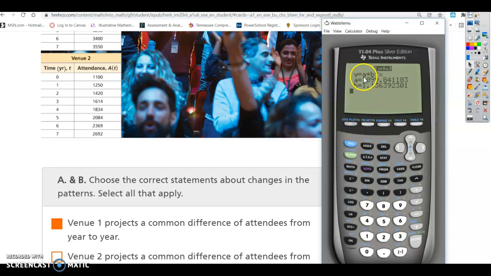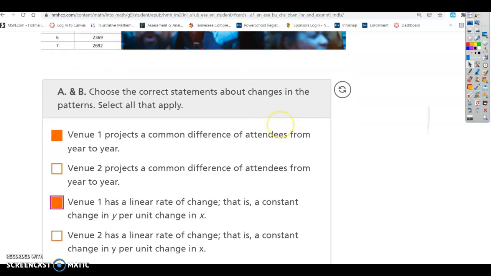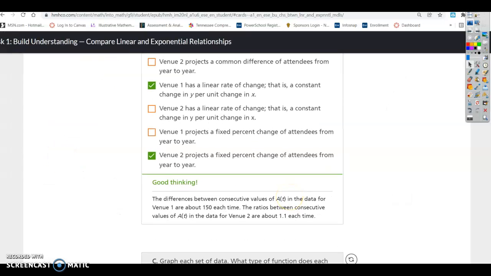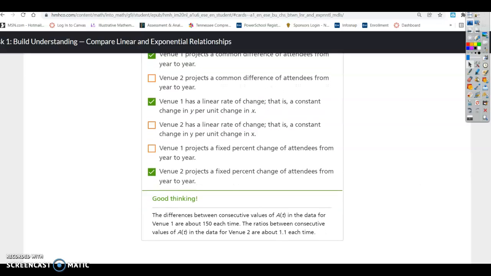So remember, a times b to the x power is your exponential function, and a is your y-intercept, and b is 1 plus or minus your interest rate, or your rate of change. So this would be about 13.6% change. So that means this has a fixed percent of change. And that is all for the first question.